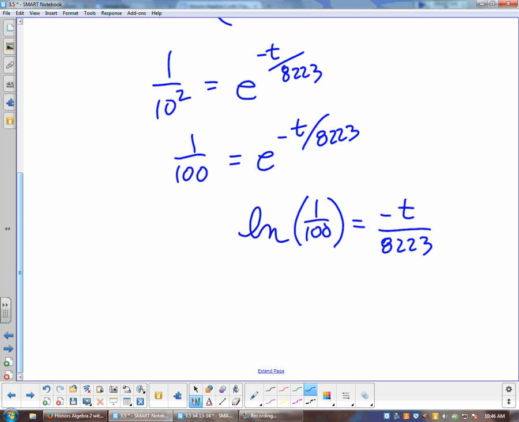Then you solve ln of 1 over 100, which is negative 4.605, equals negative t over 8,223. What's ln of 1 over 100?